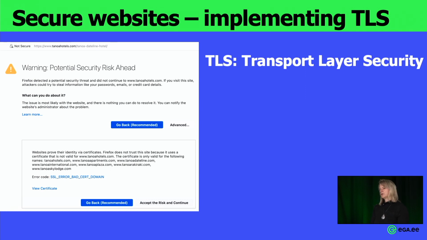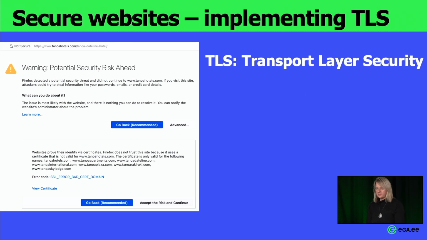There are certain protocols used like TLS, Transport Layer Security protocol, which is exactly doing this kind of protection. And this picture here shows that if your website is not protected, then browsers give you warnings. They say to you that there are certain security risks ahead, and the browser is asking whether to proceed or not.